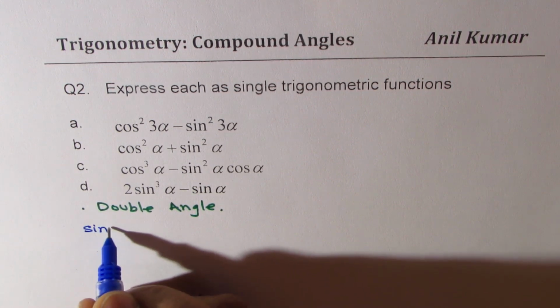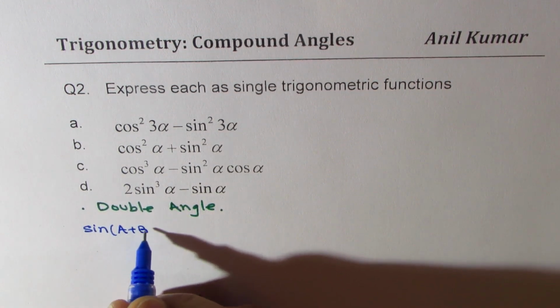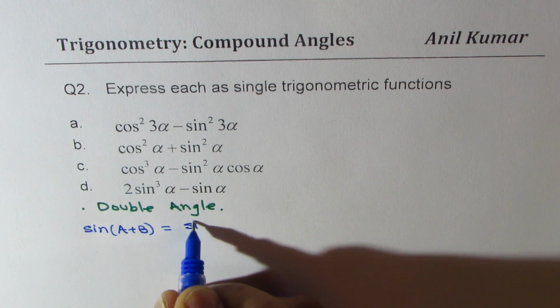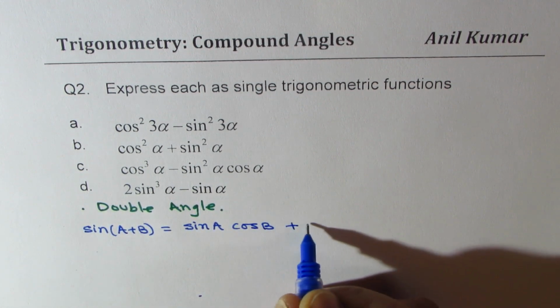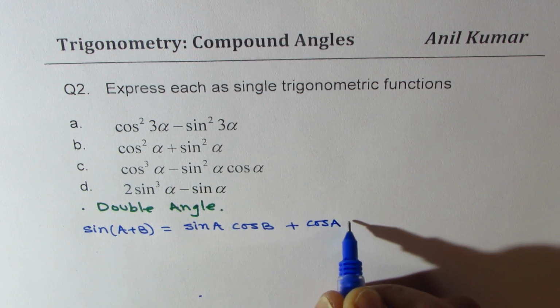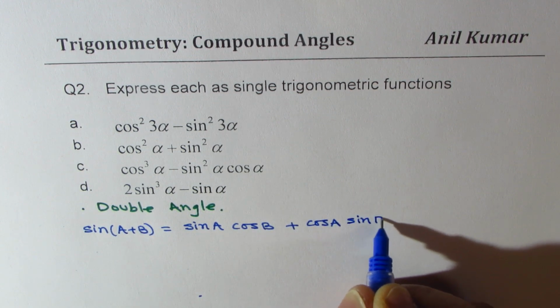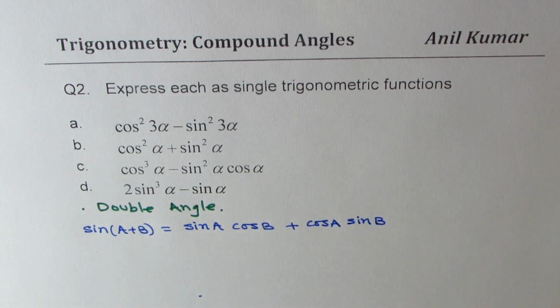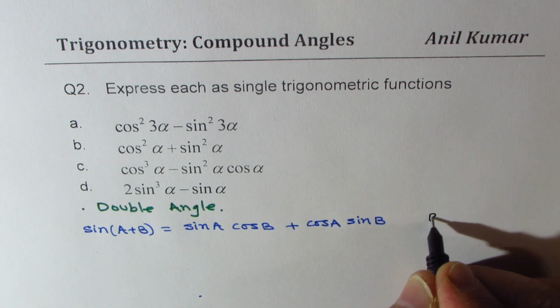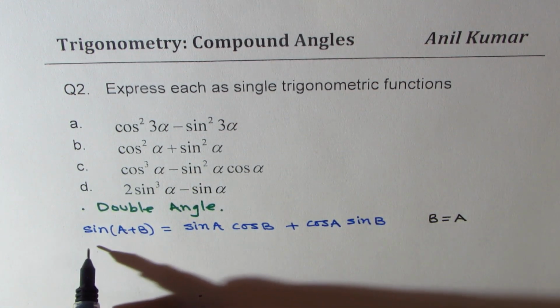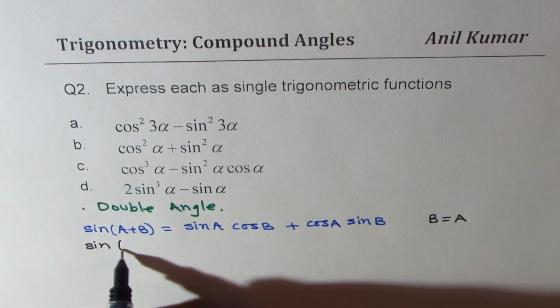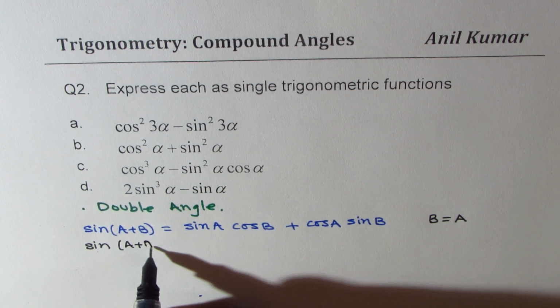Let me rewrite them. We know sine of A plus B is equal to sine A cos B plus cos A sin B, correct? Now what happens if I make B equal to A? So if I write B equals A, then we get sine of A plus A, correct?